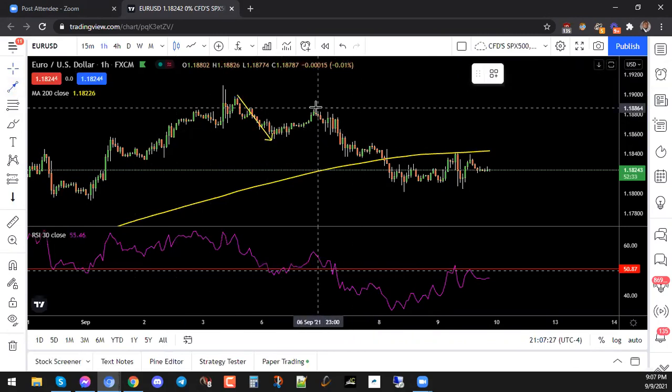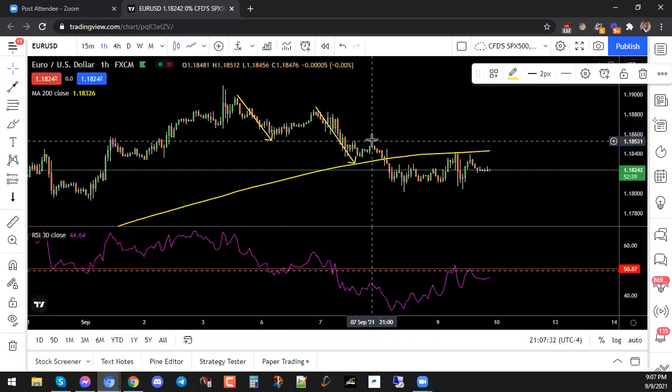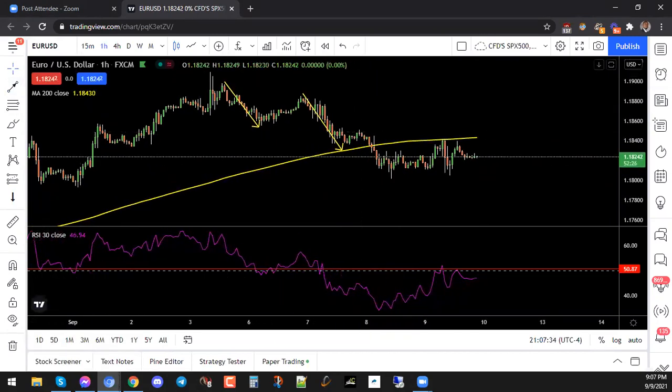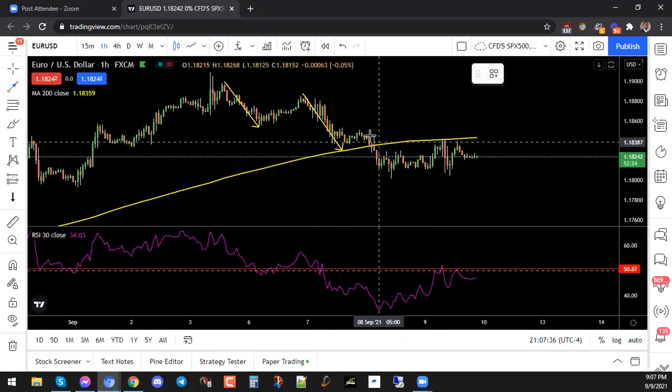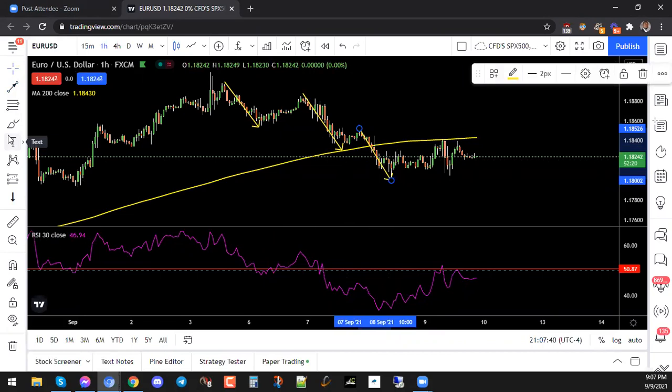You want to trade the part that is trending down or the part that is trending up. Okay, now this is the stronger part of the market. So like a lot of us would refer to this as a downtrend, okay?